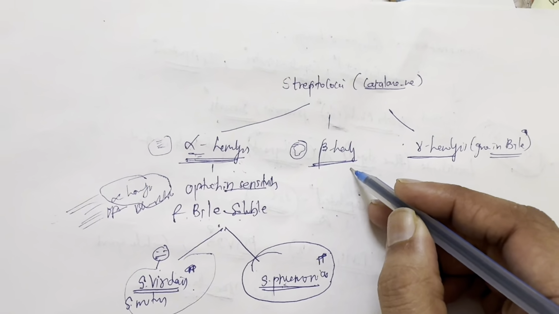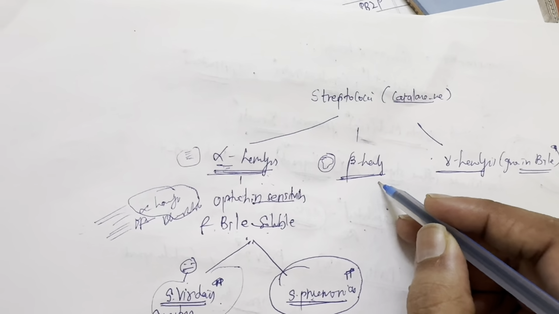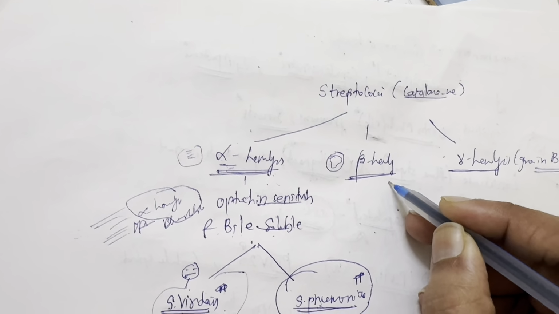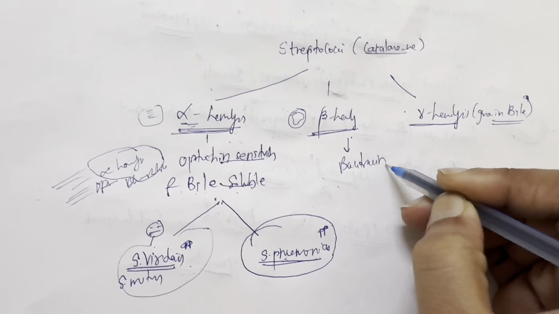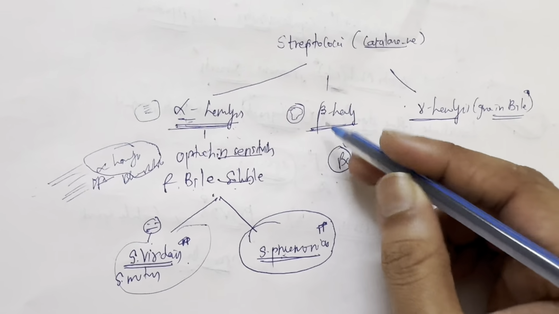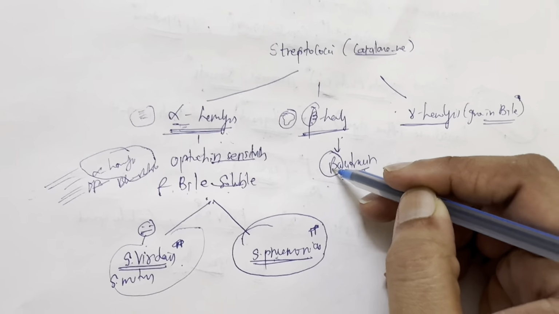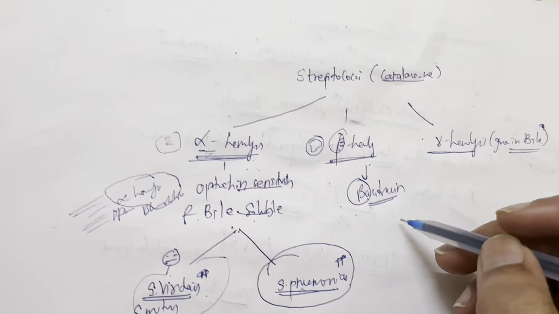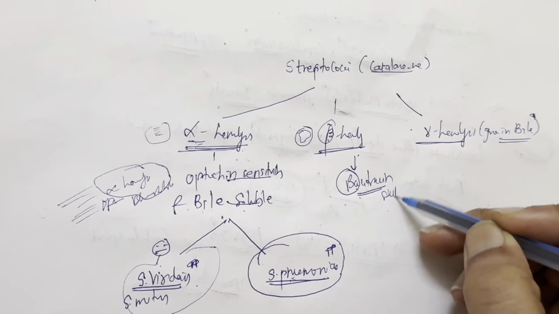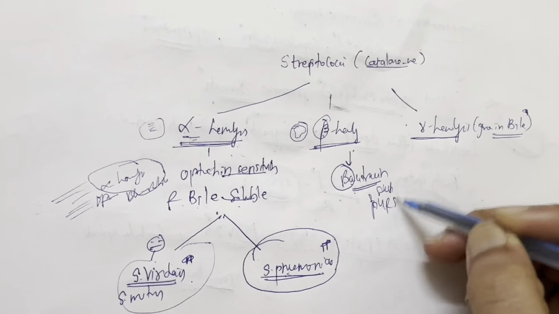In beta hemolysis showing Streptococcus, we can divide them based on bacitracin testing. For this you can remember beta hemolysis and BB. Whenever there is an organism showing beta hemolysis, we do further testing of bacitracin sensitivity and PYR status.